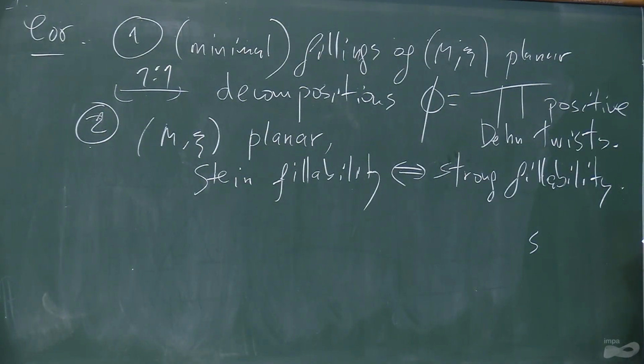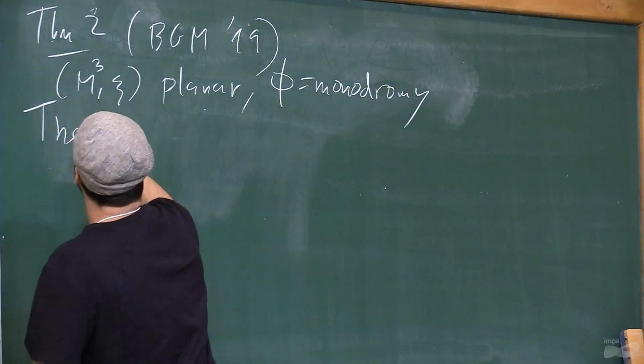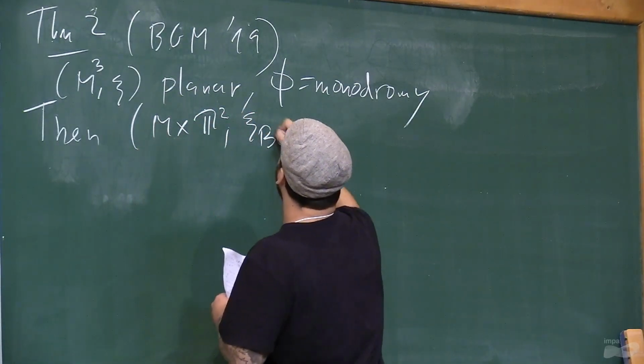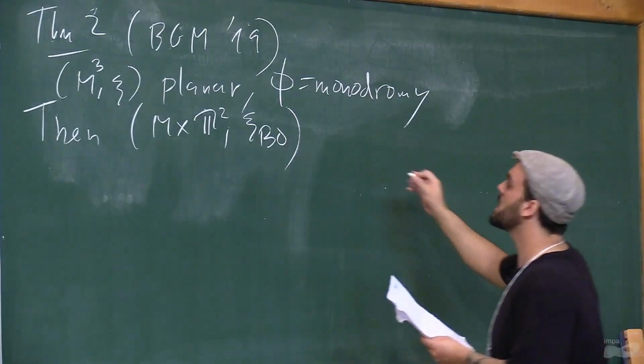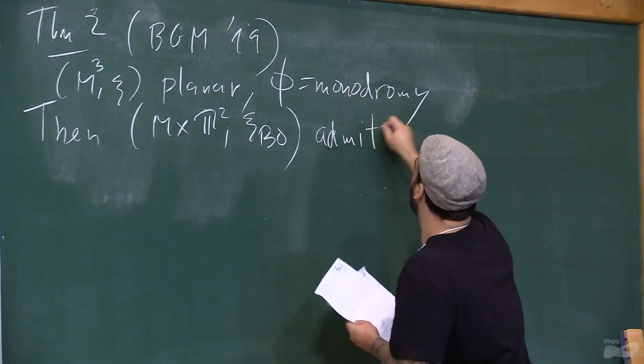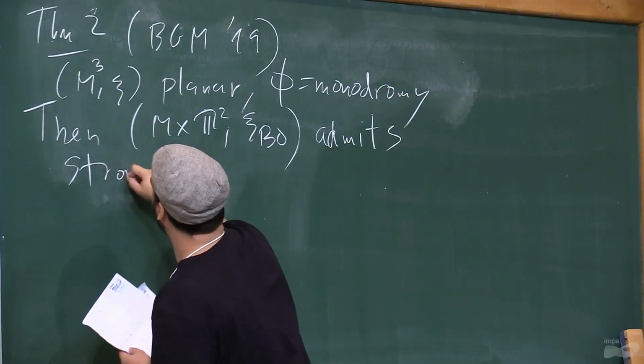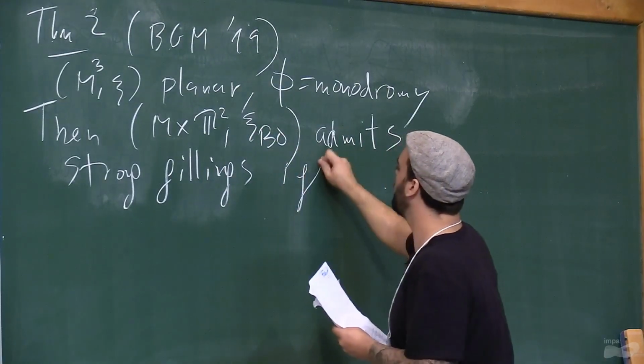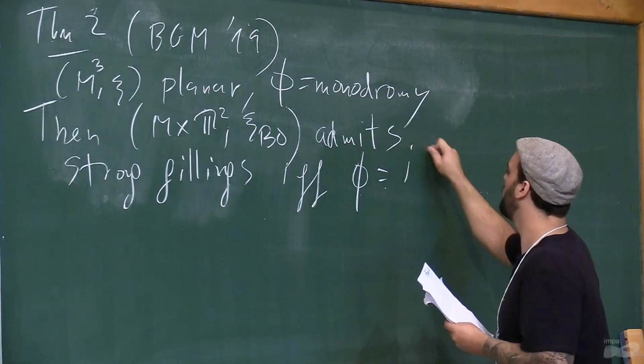If you start with some planar contact 3-manifold, and here phi is the monodromy, then the associated Bourgeois manifold is going to admit strong fillings only in the most trivial case. So it admits strong fillings if and only if phi is trivial.